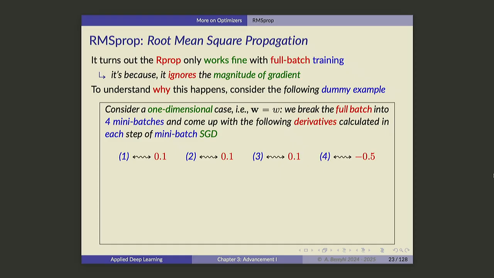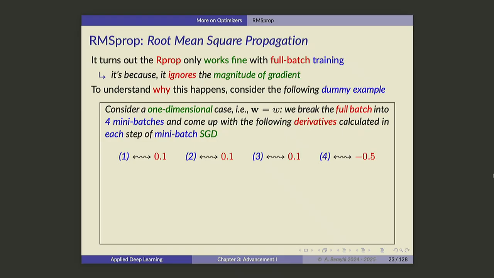Now, what you're going to see if you do Rprop, in Rprop, you're going to look at the first mini-batch. This is positive, right? Say that you started with a positive gradient. So it's still positive. You're going to increase your step size, right? You go for the next one, you again increase your step size. You go for the next one, you again increase your step size.